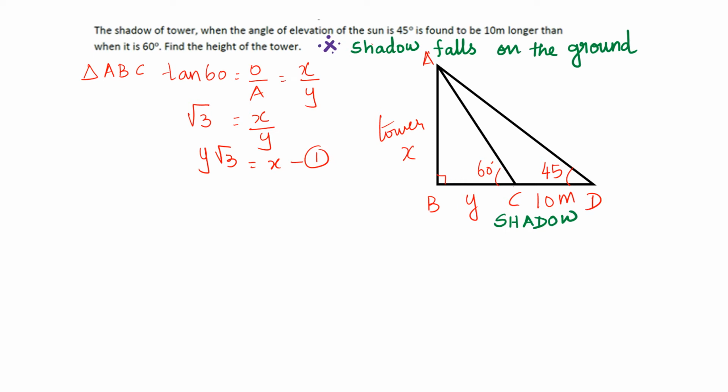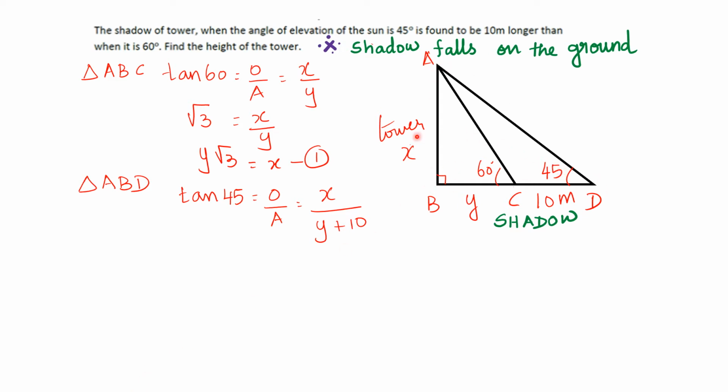Next, we have to take 45 means we have to take the triangle ABD. In triangle ABD, tan 45 equal to opposite by adjacent. Opposite is x, adjacent is y plus 10. You see, ABD is the triangle we are taking.